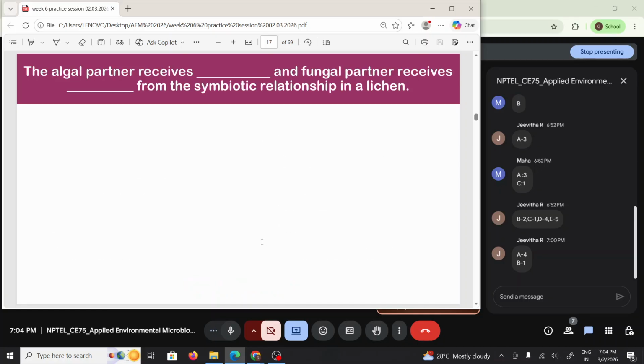Again, a repetitive but simple question. The algal partner receives dash and the fungal partner receives dash from the symbiotic relationship in a lichen. I'll just wait for a couple of minutes and then we'll see the answer.